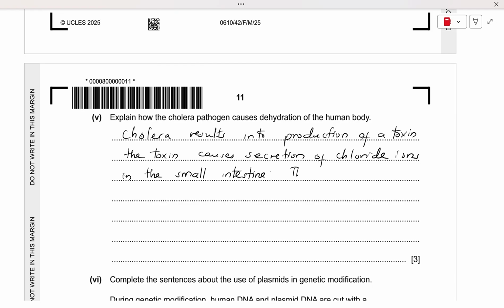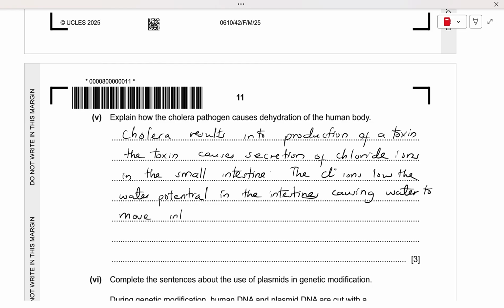The chloride ions lower the water potential in the intestines, causing water to move into the intestine by osmosis, resulting in diarrhea.